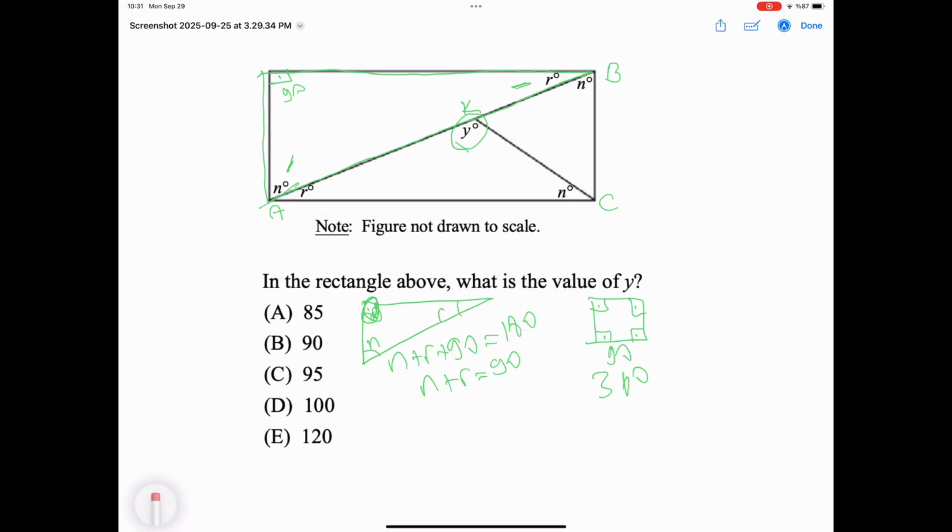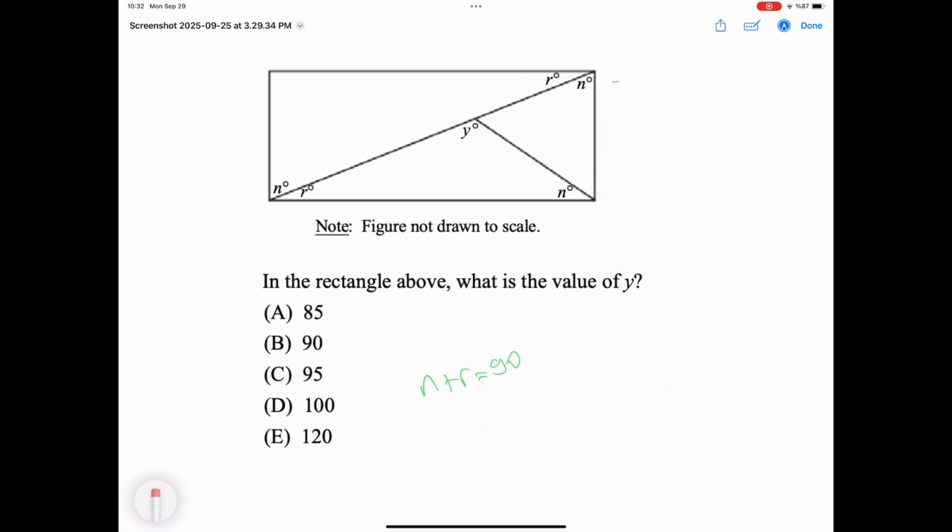All right, let's leave some space for us with the information that we found, which was quite useful. So n plus r is 90. We have n and r here, and we are asked to find this y value.